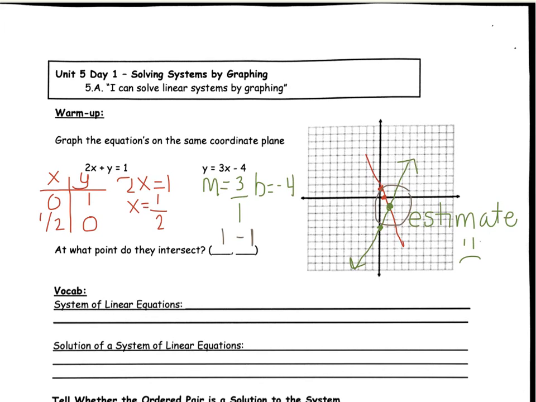So a system of linear equations is a set of equations that you work with all together, at one time.